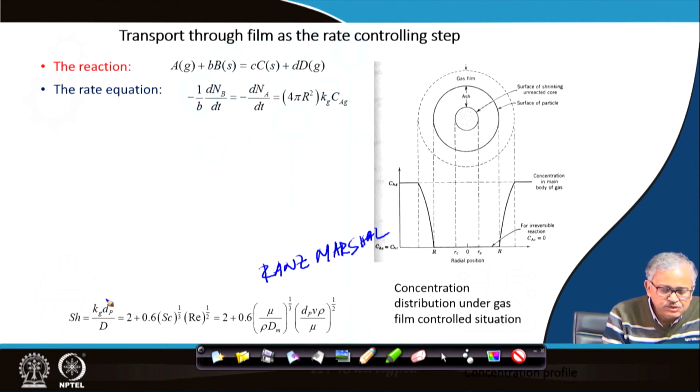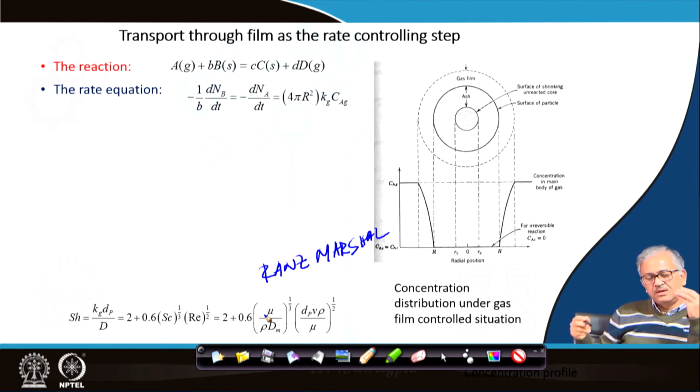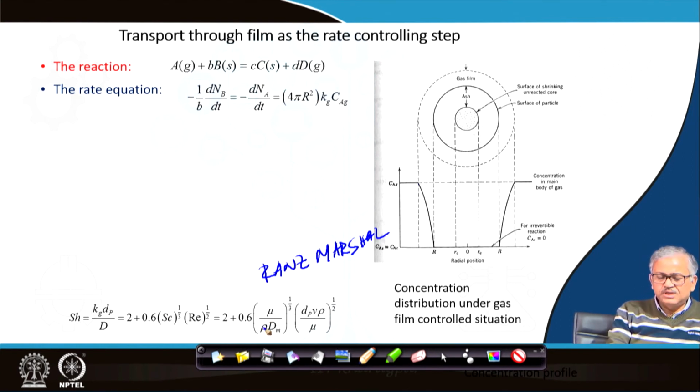Here you can find the Sherwood number, which is the dimensionless mass transfer coefficient. It is correlated with the Reynolds number and the Schmidt number. The Schmidt number is basically the ratio of mu by rho Dm, the ratio of momentum diffusivity to mass diffusivity, where Dm is the diffusivity, mu is the viscosity, and rho is the density.